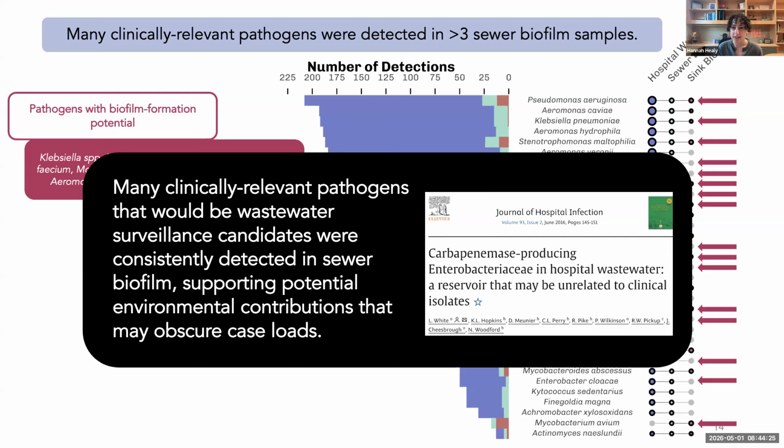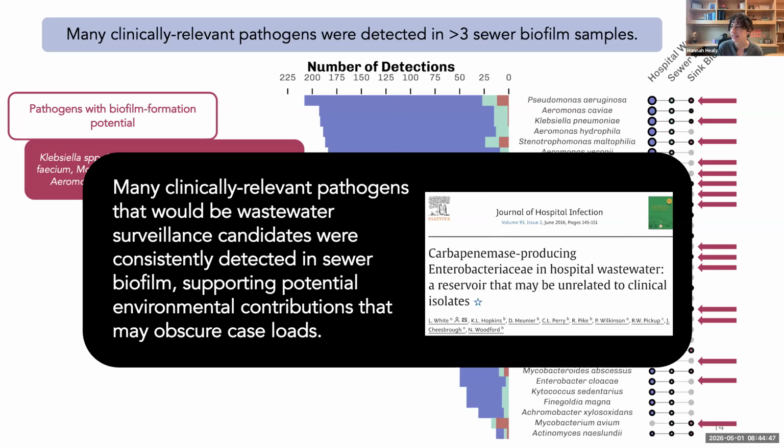And this is not a new concept. I think it doesn't get mentioned as much as it should in a lot of papers on these types of targets. But notably, there's this paper that I discovered somewhat recently, but was published in 2016, where they conducted wastewater surveillance at the hospital scale of carbapenemase-producing Enterobacteriaceae.